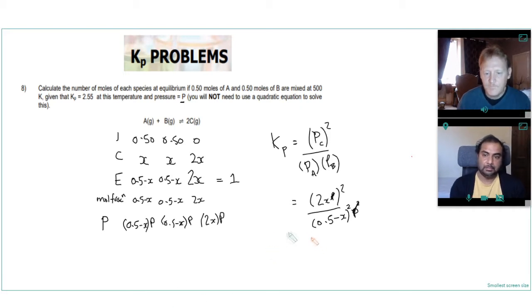And then on the top you'll end up with 4x squared, and you'll end up with a quadratic on the bottom, surely.